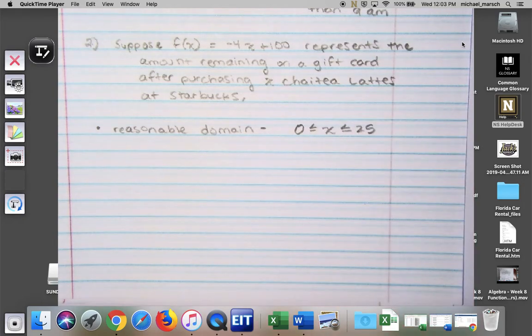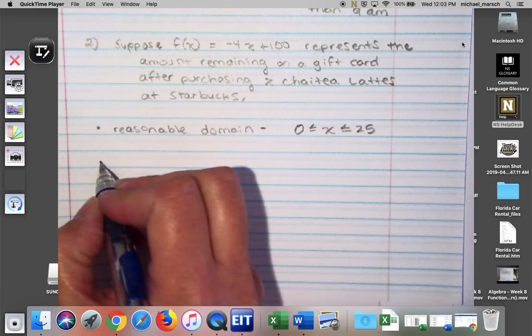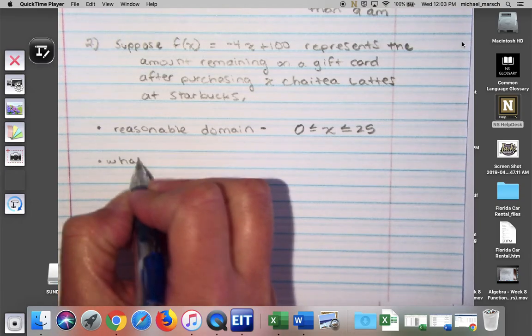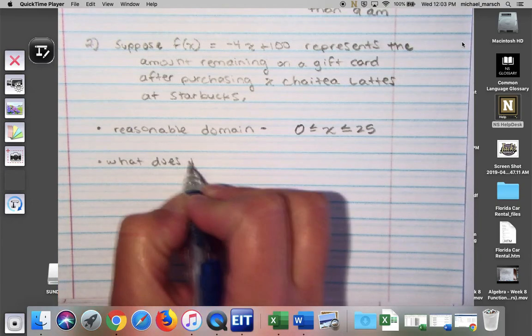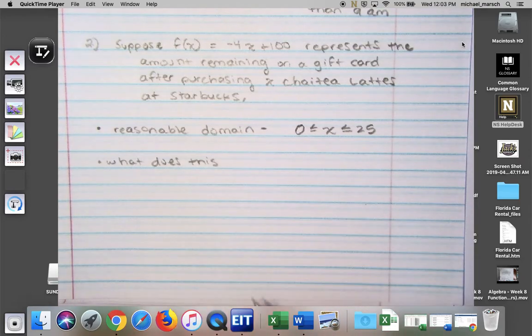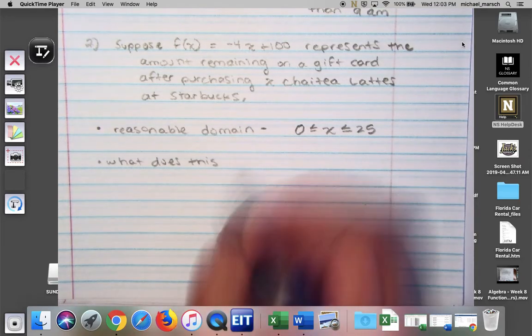Now, we all know that Starbucks will happily link it to my credit card and let me buy more, right? Because they're cool, and they know that I'm going to do it. So there's my reasonable domain. And then, what does this mean? That just means I have 25 days of awesomeness, right?